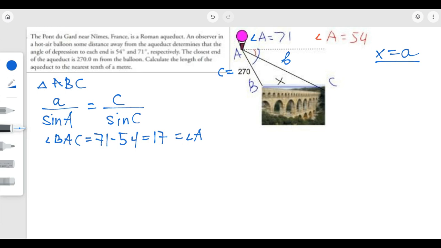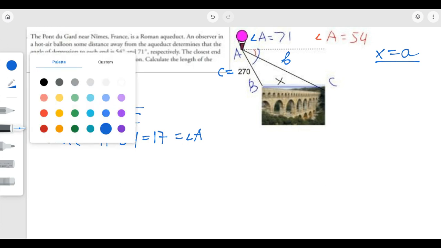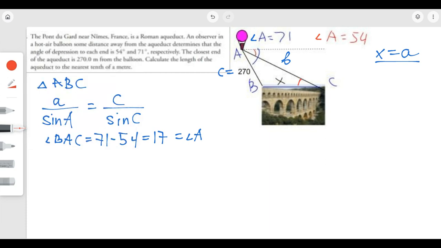What else? Side c is given. We need to find angle C. What I want you to notice on the sketch is that angle A, the one in red, and angle C are corresponding angles. Why?